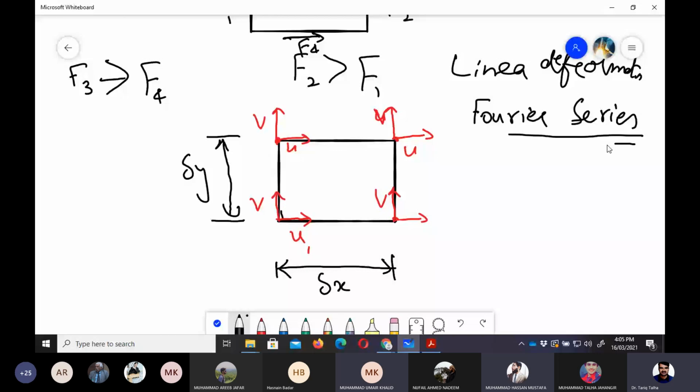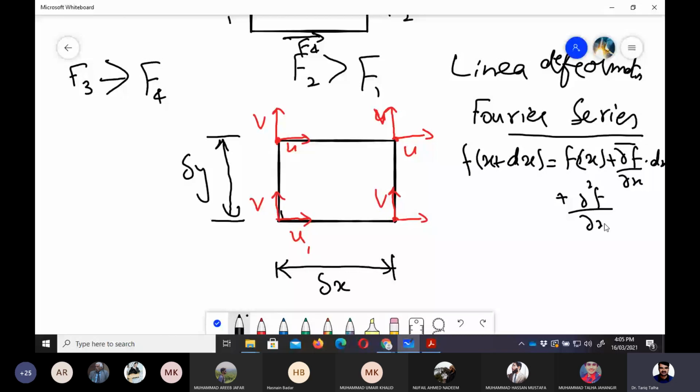Yes, sir. उसमें क्या होता है? f(x plus dx) is equal to f(x) plus partial f by partial x into dx plus partial square f by partial x square dx square divided by 2 factorial, where delta x is the distance, plus so on. ठीक है, ये हमारे पास सीरीज होती है.